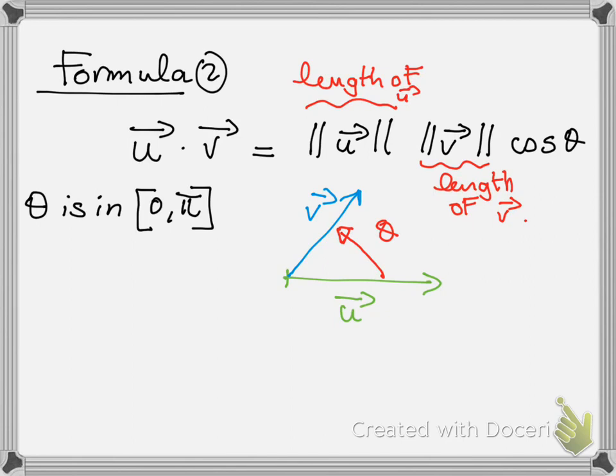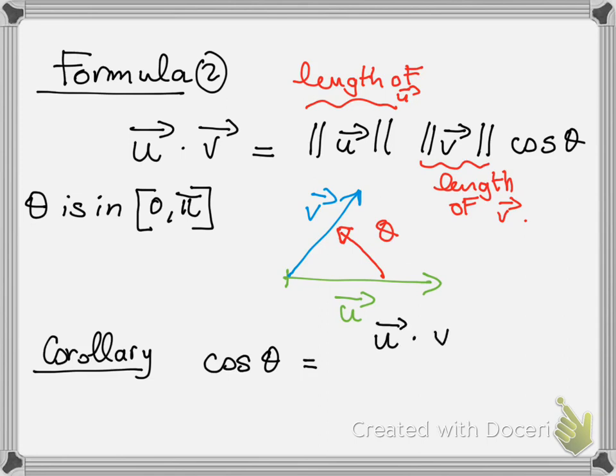And in particular, guys, you can see from this formula, as a corollary, that the cosine of the angle theta between the two vectors u and v is equal to u dot v over the length of u times the length of v.